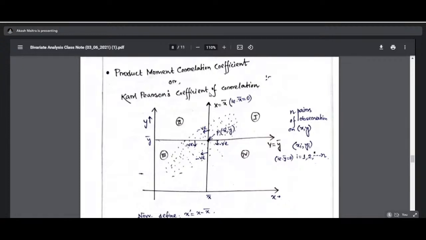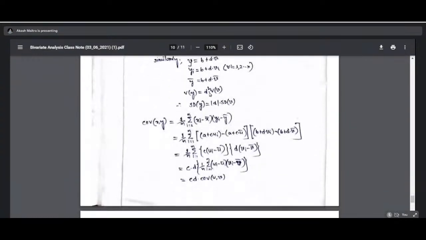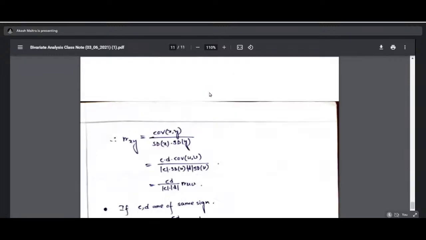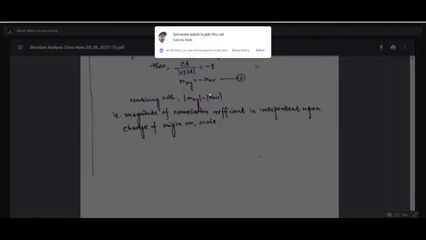So that's why we have measured the Rxy term. In the next class, today's time is getting over, we will do the rest of the properties, maybe one property is left for Rxy, and we will definitely do some problems. So I think we are done for today. Thank you for listening to the class. I am stopping this right now. Good night, everyone.